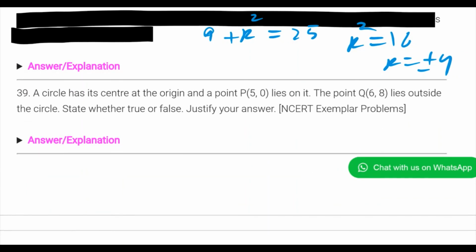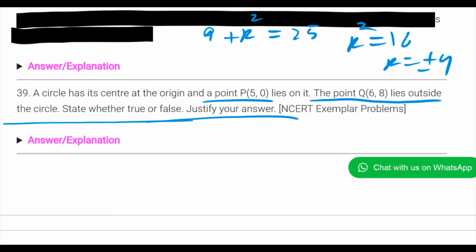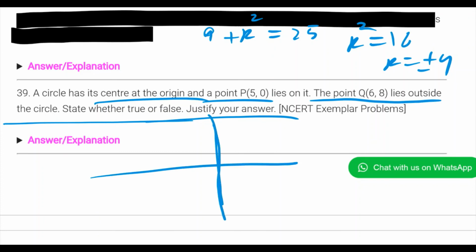39th question. A circle has its center at the origin and a point lies on it. The point lies outside the circle. State whether true or false. So we need to check if this is true or false. The center is at the origin. P 5, 0 lies on it.